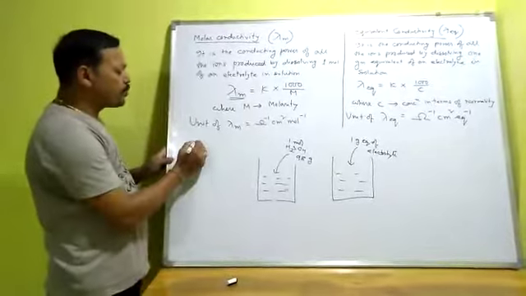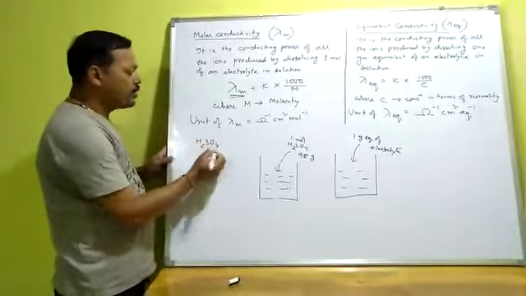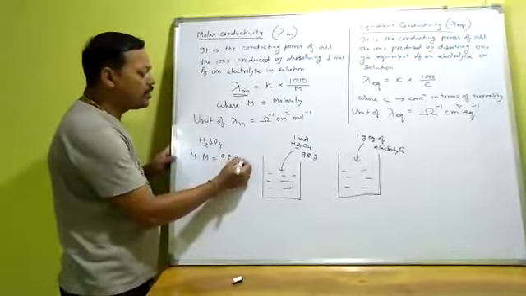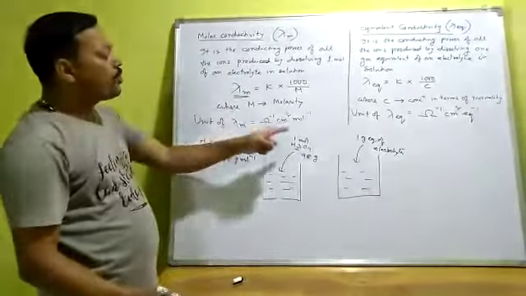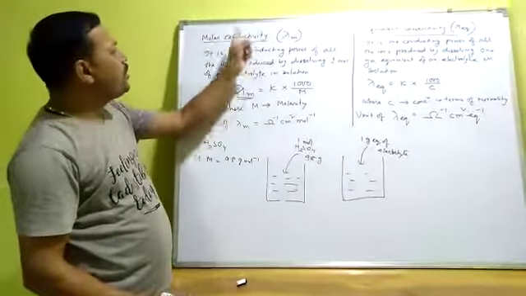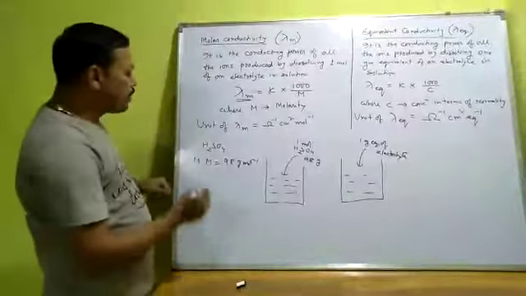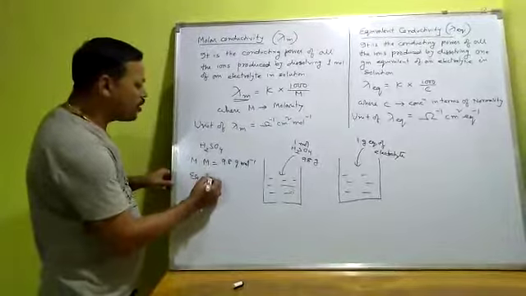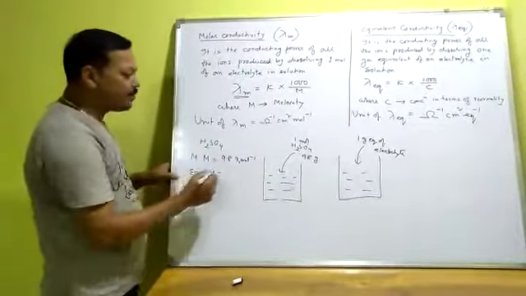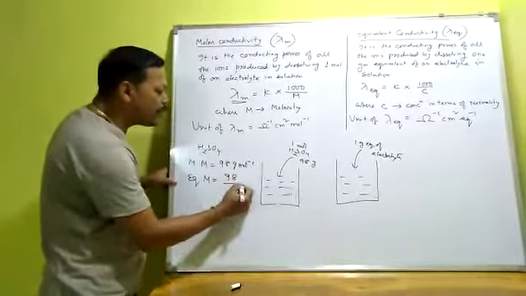Suppose sulfuric acid, its molar mass is how much? 98 gram per mole. So when you dissolve 98 gram, that means you have dissolved 1 mole, and then you will get molar conductivity. But what is the equivalent mass of sulfuric acid? To determine equivalent mass, since it is an acid, it is molar mass divided by basicity.